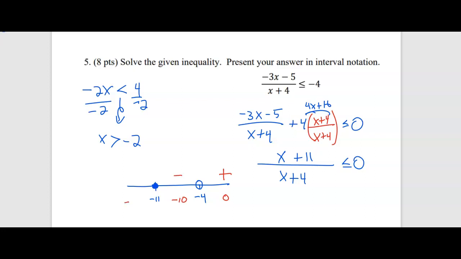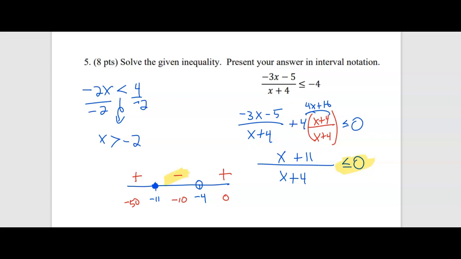And if I tried like negative 50, it would be a negative over a negative. That's positive. So I'm not worried too much about the value, just the sign of the value if we plug this in. So technically plugging in 0 gives us 11/4. But I just need to know that it's positive because I want to know where the final answer is less than or equal to 0.